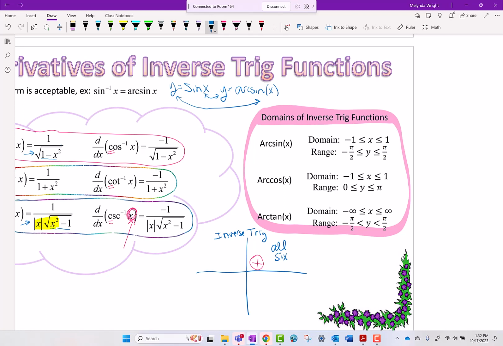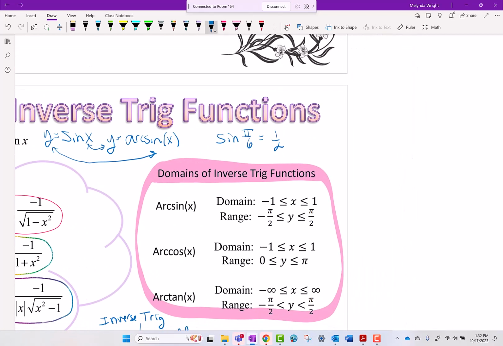So if I am finding sine of pi over 6, sine of pi over 6 is 1/2, right? Unit circle value. And arcsine of 1/2 is pi over 6. See how the x's and the y's switch? Okay, so that's a thing.